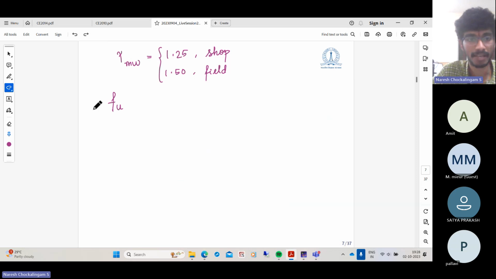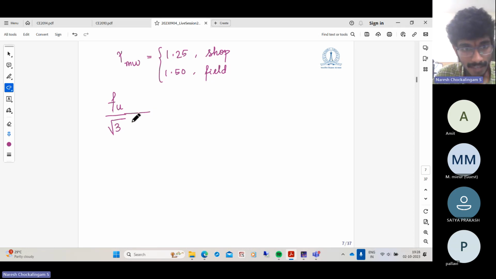Whichever is weaker, that one will fail. Typically the weld is stronger, so the strength of the parent material will govern the design. So we have FU, the ultimate tensile strength of the parent material. But we know that the weld is going to fail in shear, not in tension, so we can replace it by FU by square root of 3. FU by square root of 3 is the ultimate shear strength of the weld.